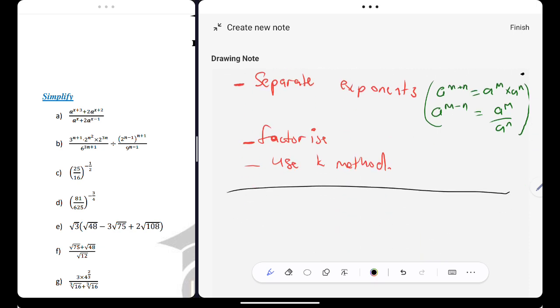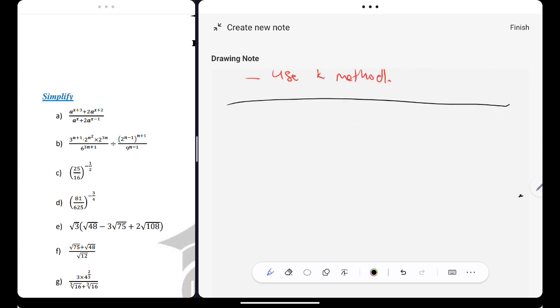Okay. Let's do the first one here. We have a to the power x plus 3 plus 2a to the power x plus 2 all over a to the power x plus 2a to the x minus 1.